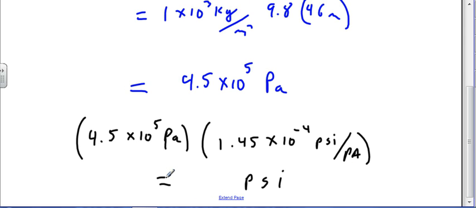Okay, so first answer times 1.45 double E minus 4, and I come up with 65. So at 65 psi, I can push water up a pipe 43 meters tall, or in this case, a pine tree. Okay.